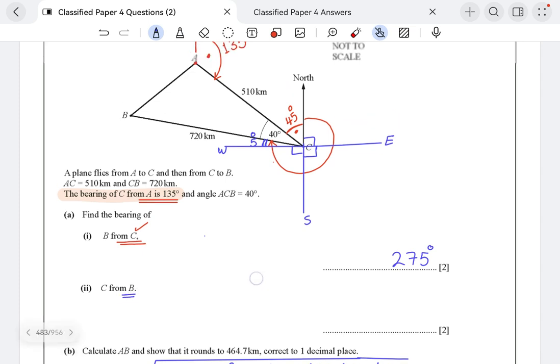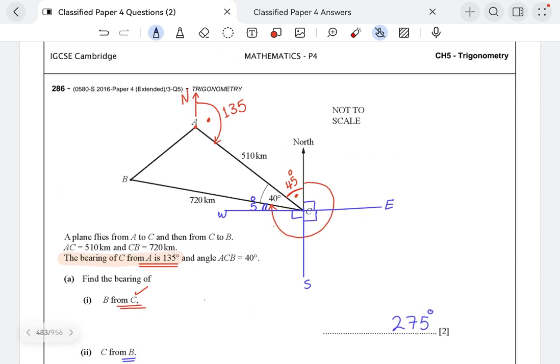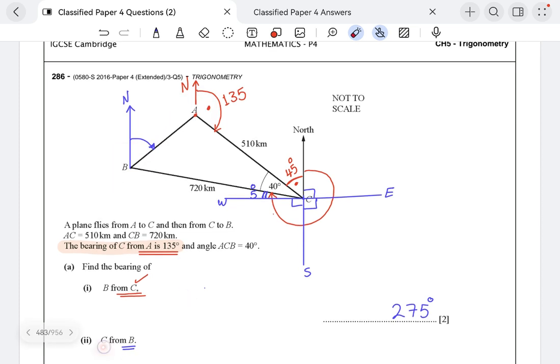And the second one is to find the bearing of C from B. Okay, from B, so we have to go to the north direction of B, clockwise. If you stop here, this path takes you to the point A, so this is the bearing of A from B. Actually, they want you to find the bearing of C from B, not of A from B. So I don't need to stop here.